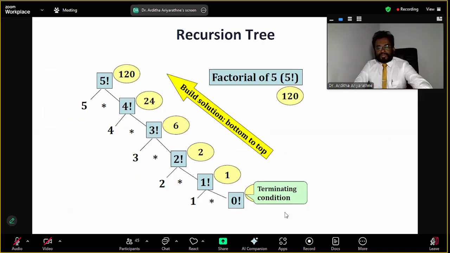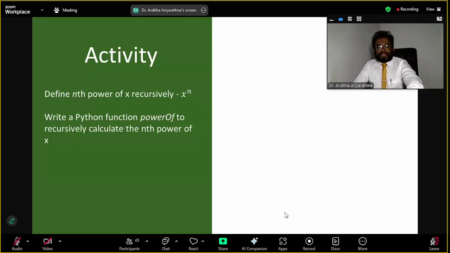Right, students. Now this is your activity and also the background information, so better to take a screenshot of this. All of you take a screenshot. This is the question. This is the activity.